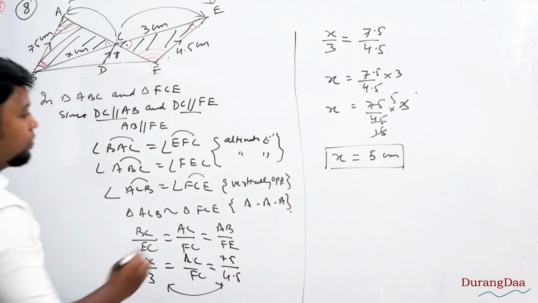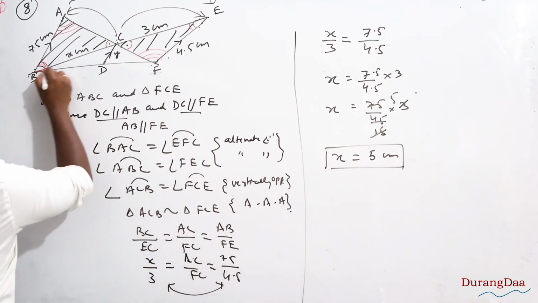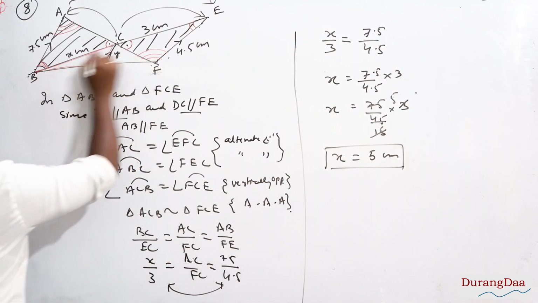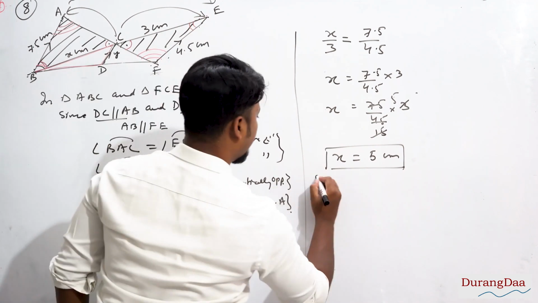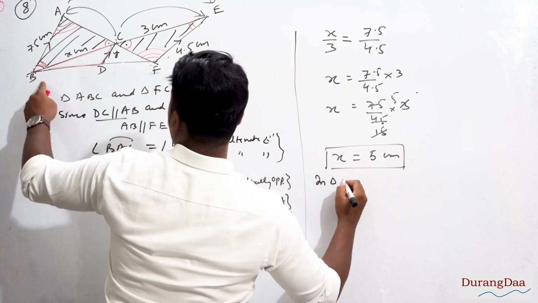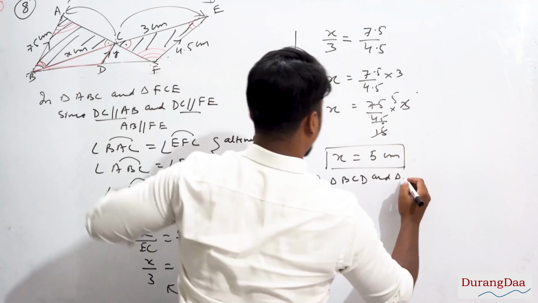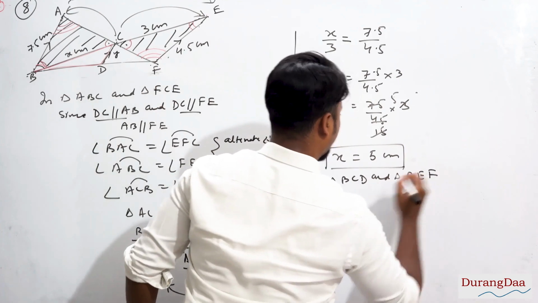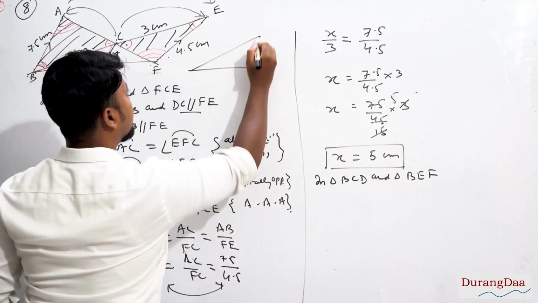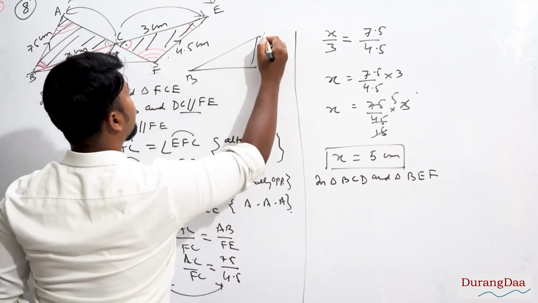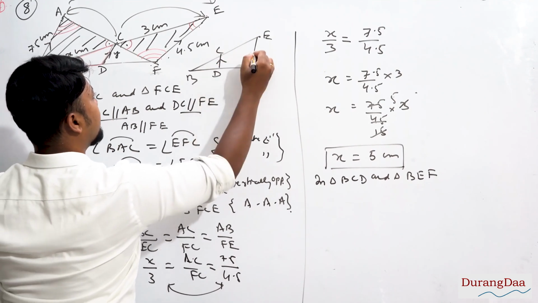Now we'll pick triangle BCD and BEF and prove them similar. So in triangle BCD and triangle BEF, if you look carefully, this is a very simple figure, and this line BC is parallel to EF.